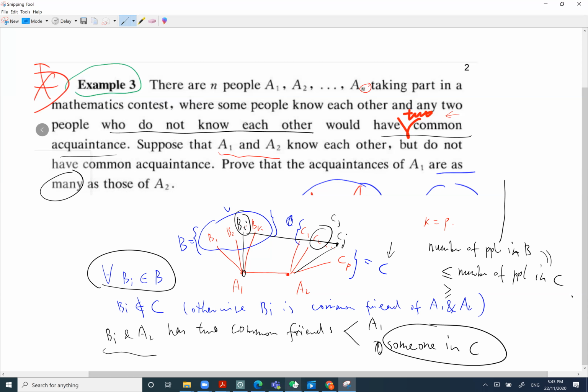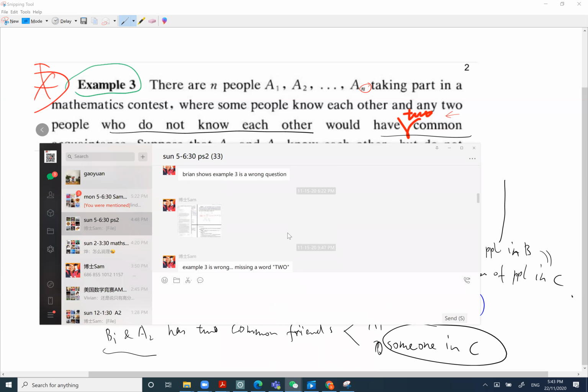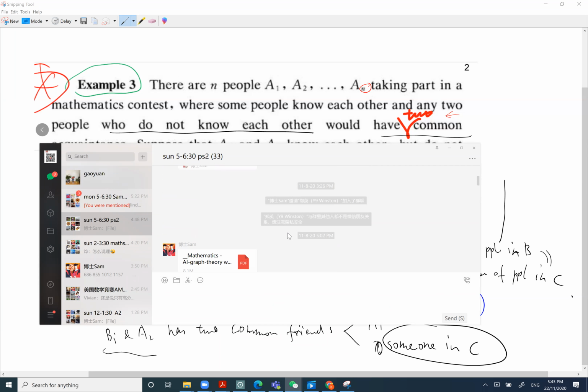Okay. Let's continue the stuff from last week. Last week we were up to probably the postman thing. Let's have a look.